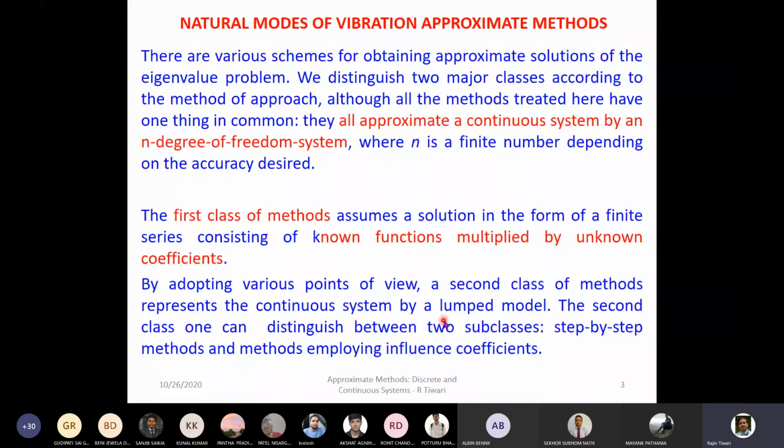Here, as I mentioned, in all the methods we'll be dealing with, the continuous system will be discretized to an n degree of freedom system. In the Rayleigh's quotient and the enclosure theorem, we never talked about degrees of freedom.